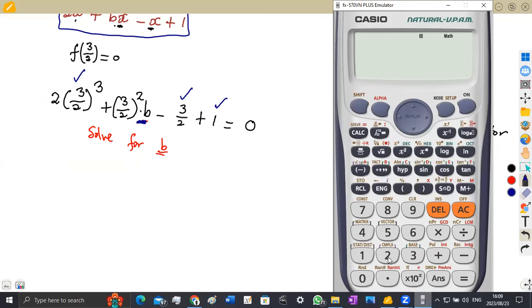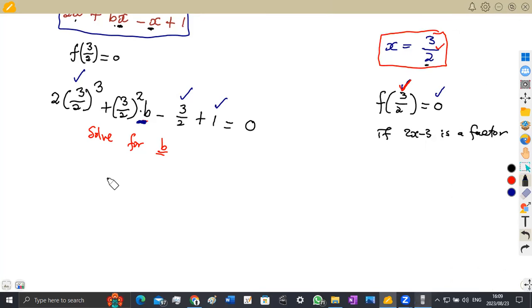Let us combine 2 times 3 over 2 to the exponent of 3, then minus 3 over 2, then plus 1. We are simplifying the numbers alone. Simplifying the numbers, we are going to obtain 25 over 4.